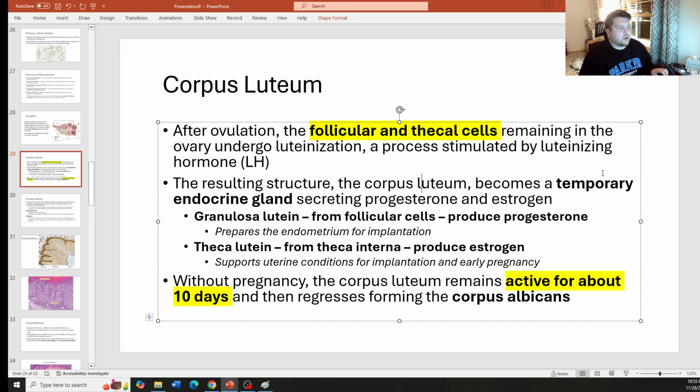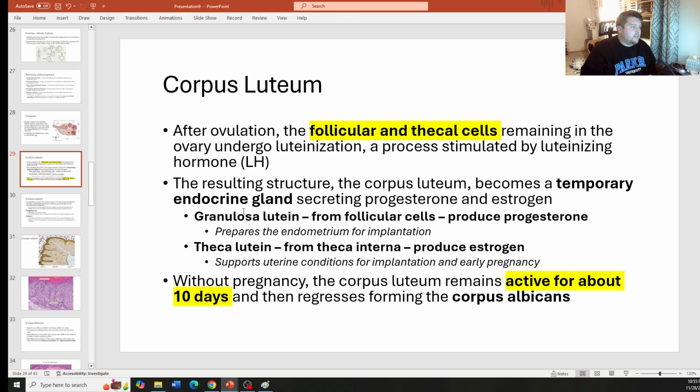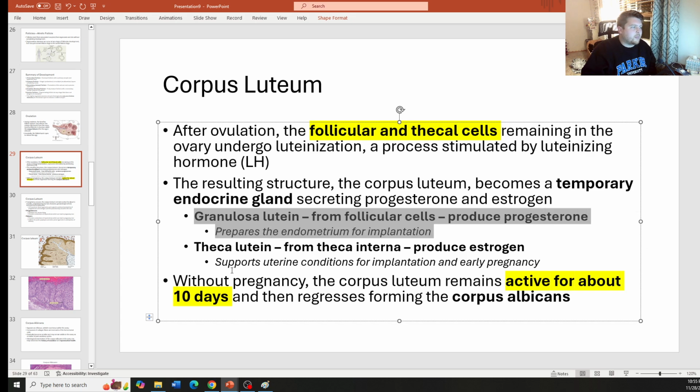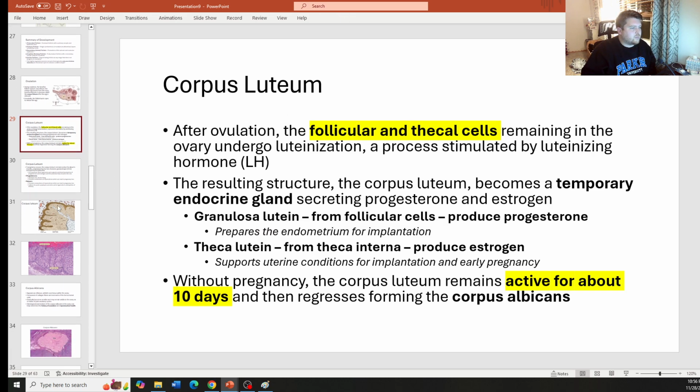And as a result, the corpus luteum becomes a temporary endocrine gland secreting progesterone and estrogen. The granulosa lutein, derived from the follicular cells, makes progesterone, and then the theca lutein from the theca interna produces estrogen.